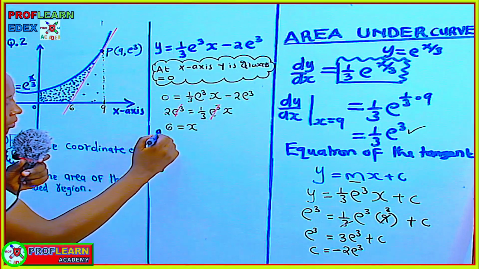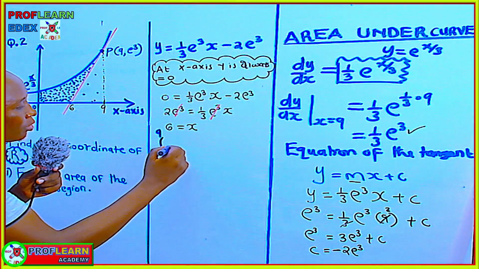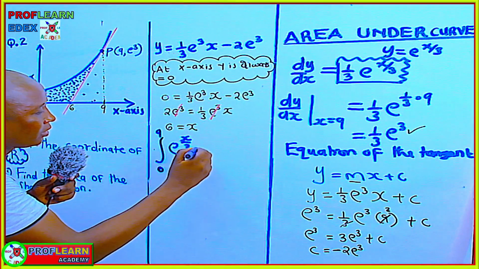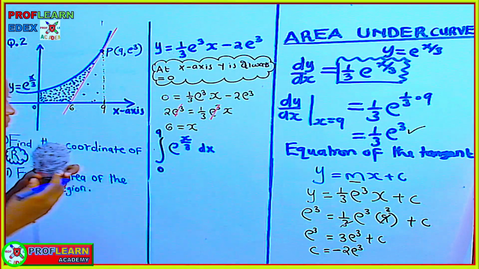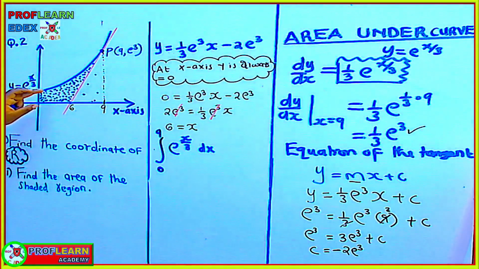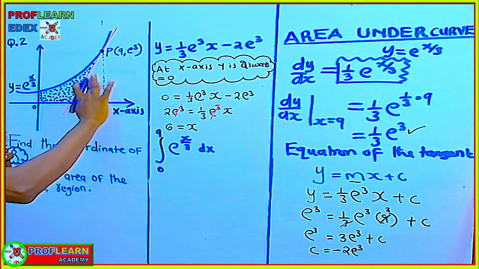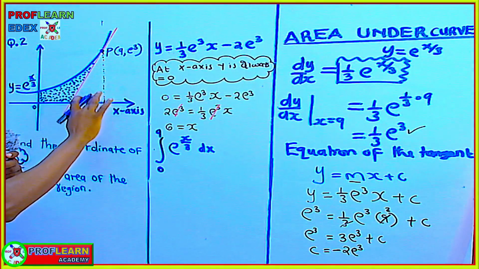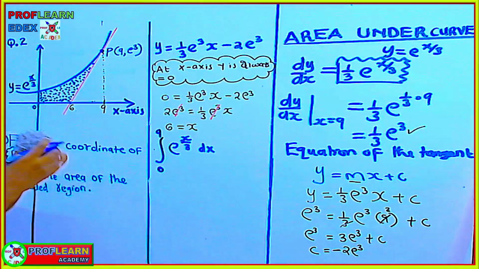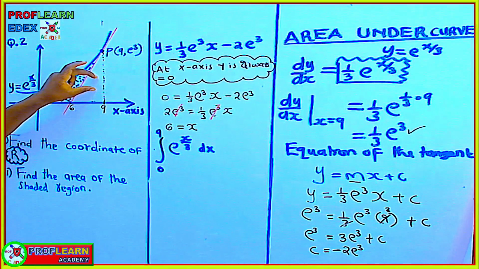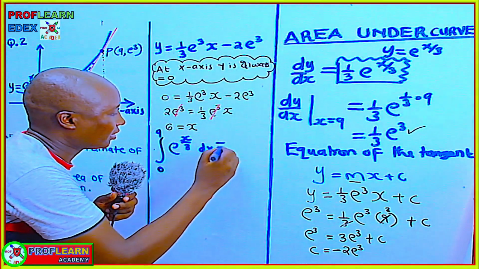If we integrate from 0 to 9 the equation e^(x/3) with respect to x, this will give us the area of the originally shaded region plus the area of this triangle. So we are going to do that, then later on we're going to subtract the area of this triangle. So let us first integrate.